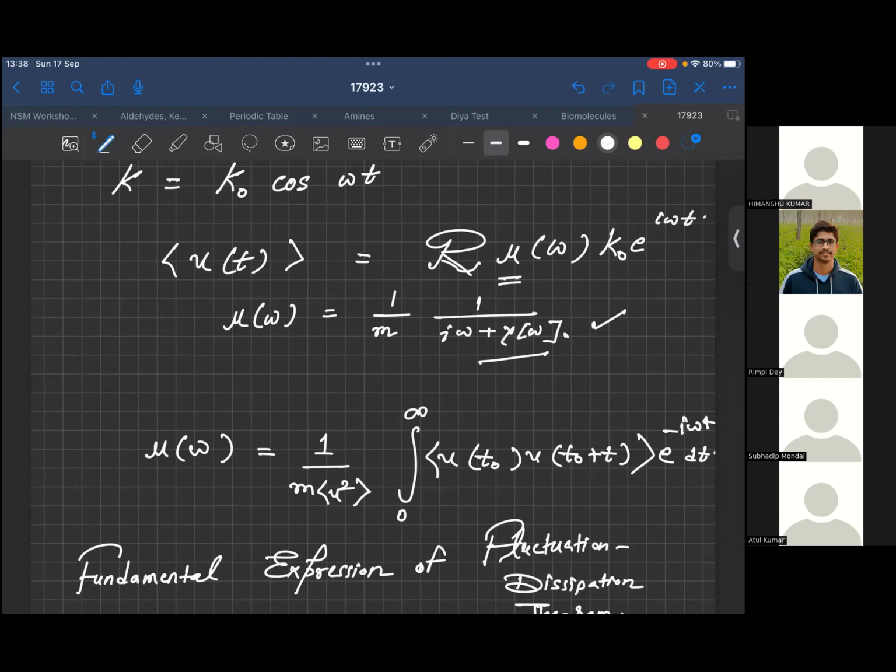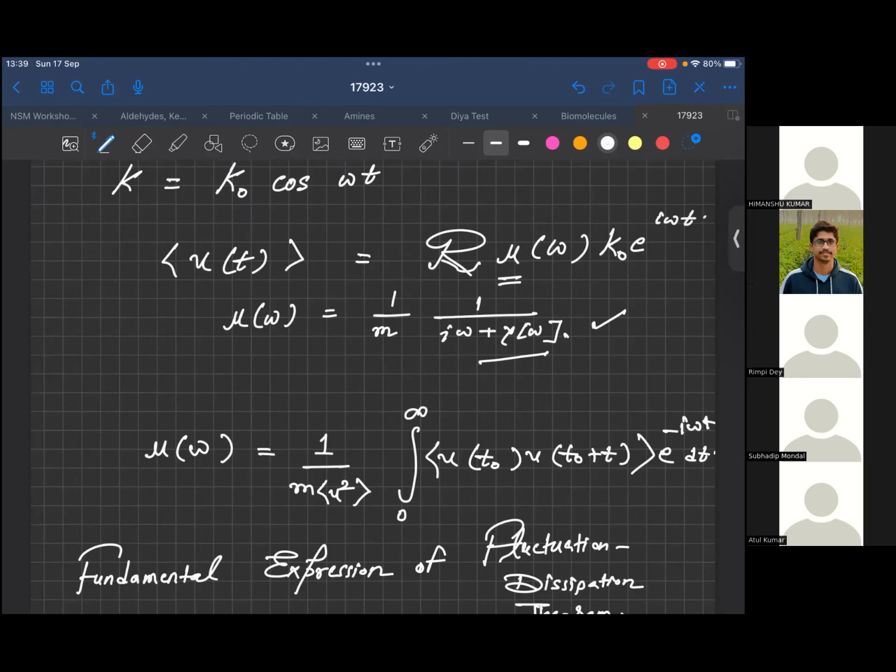Basically this mobility is connected to the susceptibility. In the correlation spectra part, they talk about the dissipative part and the dispersive part. Mobility is related to the velocity autocorrelation function or susceptibility, basically chi of omega.